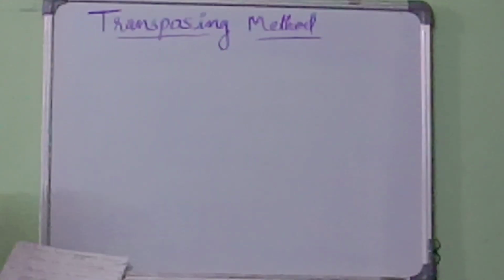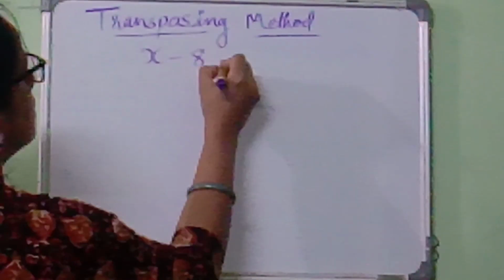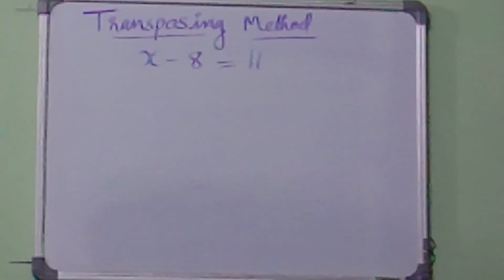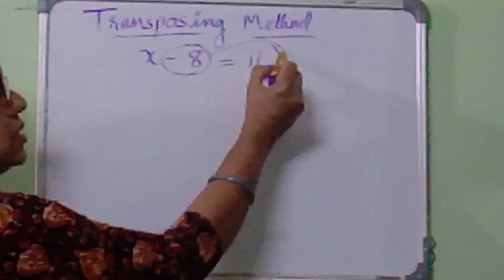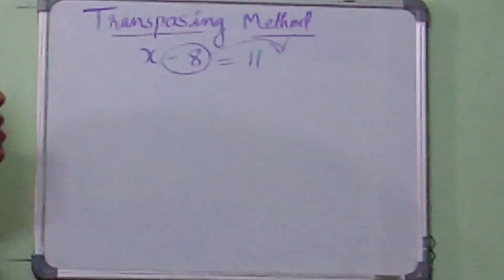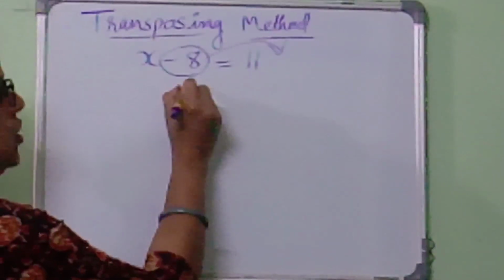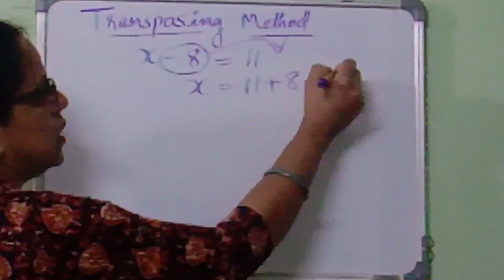In the transposition method, our equation which we have already discussed is x minus 8 equal to 11. To find the value of x, we will transfer this number to the other side. While transferring a number to the other side, here it is subtraction, so it will become addition. So x is equal to 11 plus 8 is equal to 19.